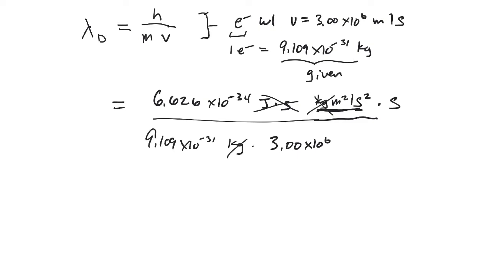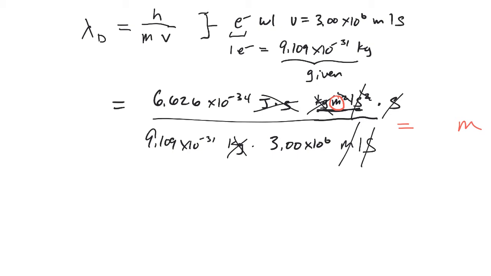Luckily it already was in kilograms, but if we had a mass in grams or some other unit, we'd have to convert to kilograms. Then the velocity in meters per second cancels, and also the joules times seconds cancels. So we cancel one of the second units, and then we cancel the other. Then we cancel one of the meters, but not the final.